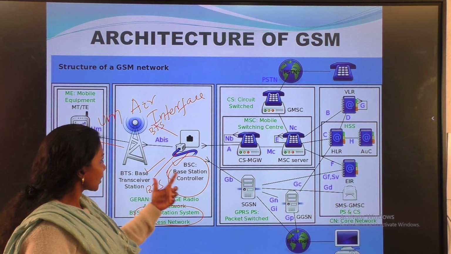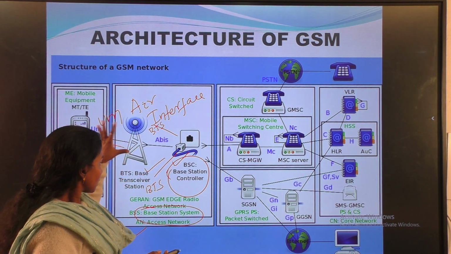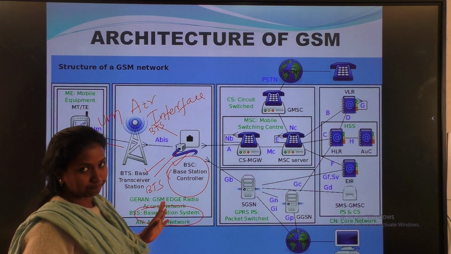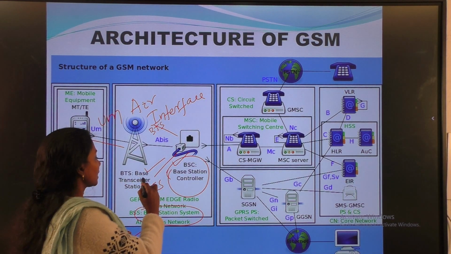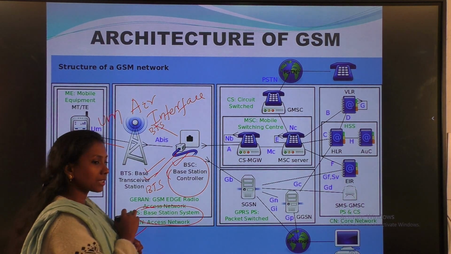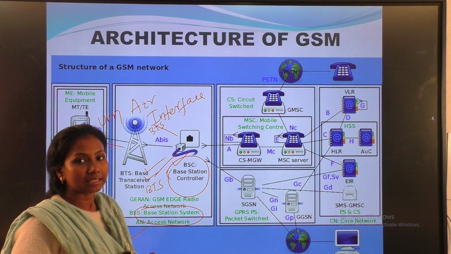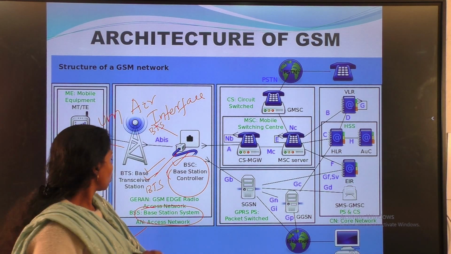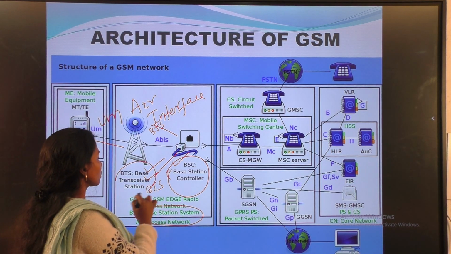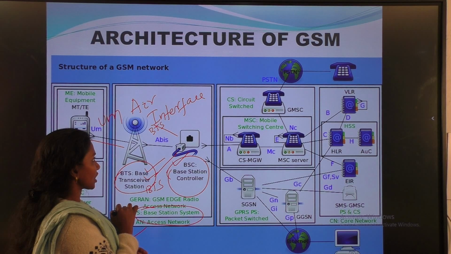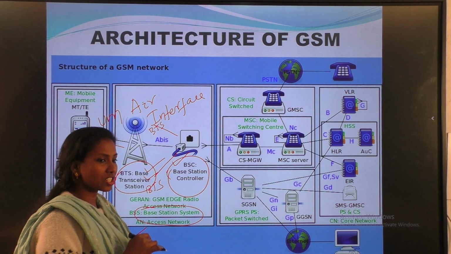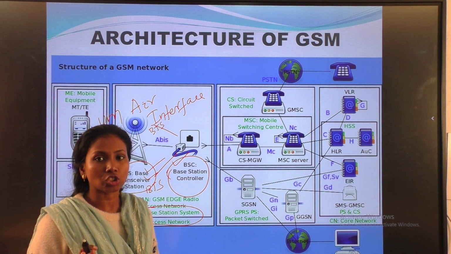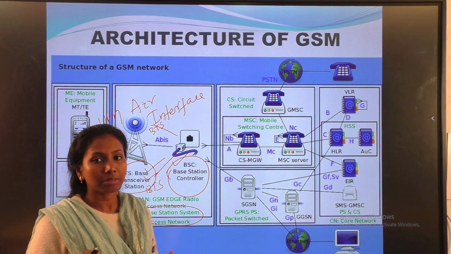Okay, so it checks the signal which is sent by the base transceiver station. Here you see the transceiver. Transceiver means that it transmits the signal and receives the signal. Okay, so here you see this is the base transceiver station. In simple language, the base transceiver station is nothing but your tower.